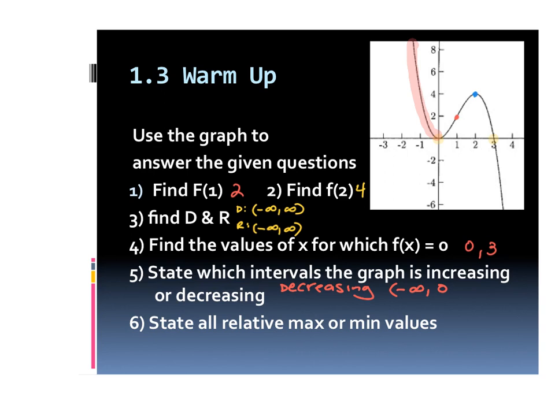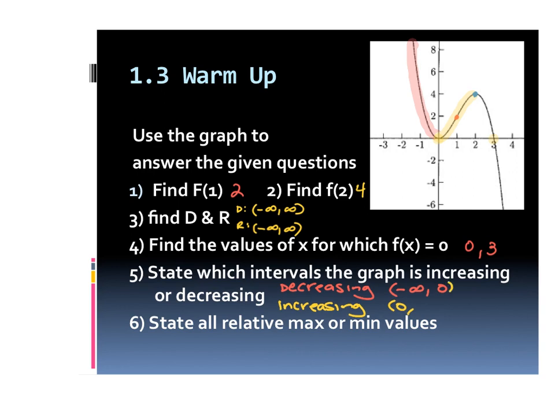Now does 0 get a bracket or a parentheses? Bracket. Why? What happens after that point? It's increasing. Where does that increase start? 0. Can a point be increasing and decreasing at the same time? Nope. So these get parentheses.